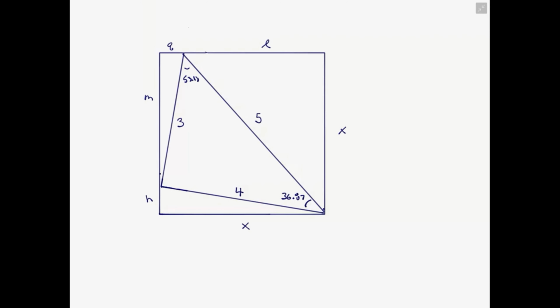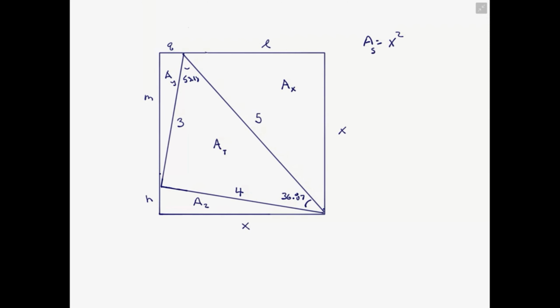What do I know? Well, the area of the square is going to be x squared. And I know one thing, I have an area of the triangle. I have this area here I'm going to call x, and I'm going to call area here area y, and this area here area z.